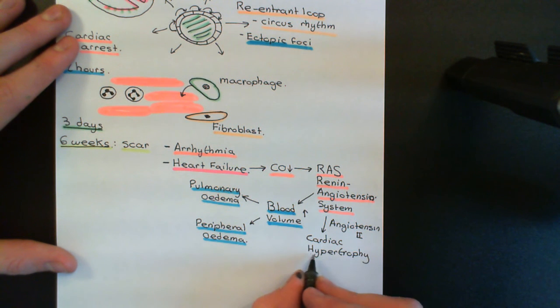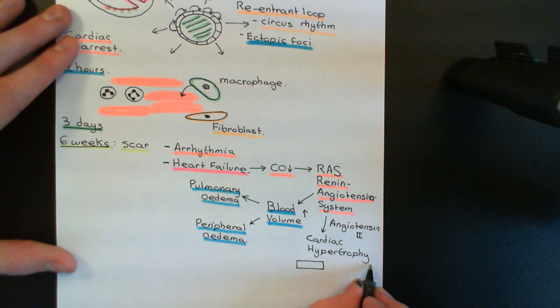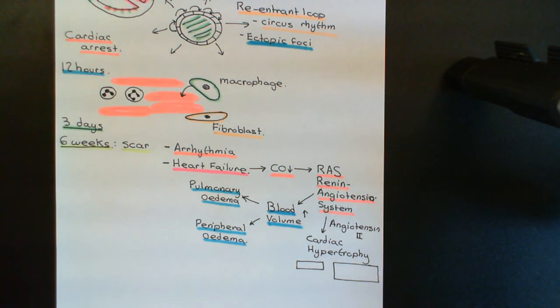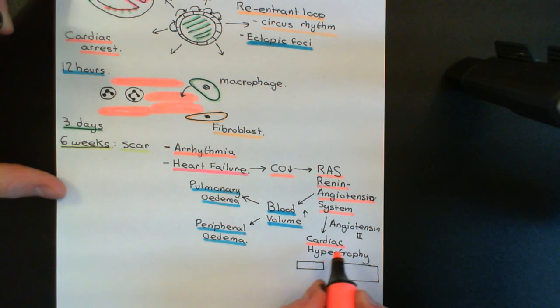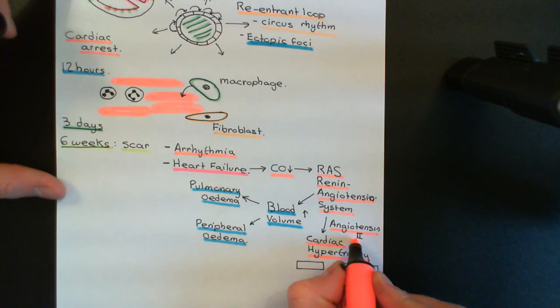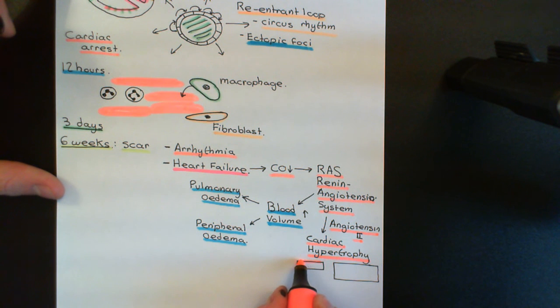So hypertrophy means a cell grows, so it might go from being like this to being like this. Okay, so the heart cells can end up getting bigger because of the chronic activation of the renin-angiotensin system, and it looks initially like a good idea because it's going to mean that the heart can become stronger again.